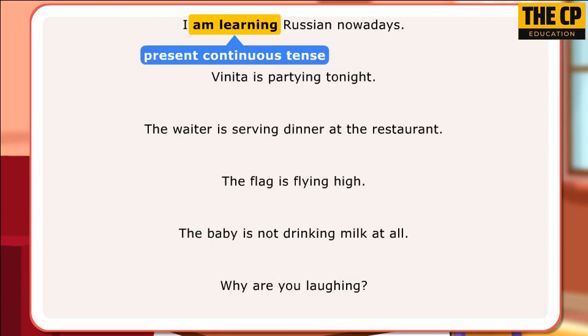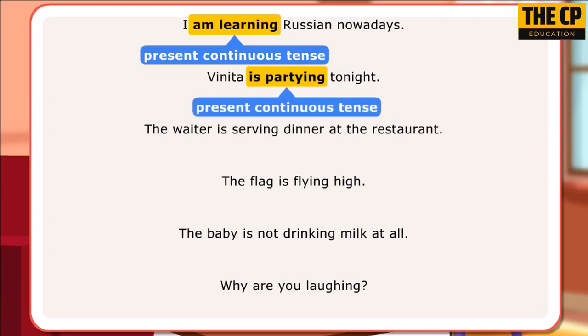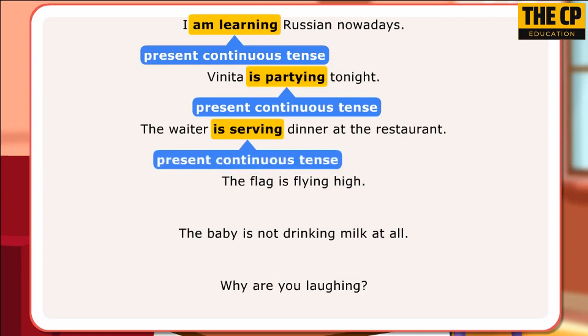In the first sentence, am learning is present continuous tense as it describes a process that is continuing since some days. In the second sentence, is partying is present continuous tense which describes an event which is to take place in the near future. In the third sentence, is serving is present continuous tense as it describes the act of serving going on at the time of speaking.